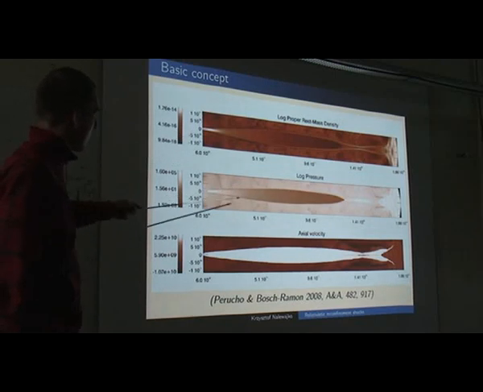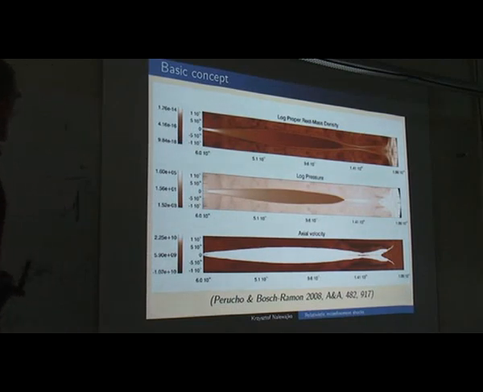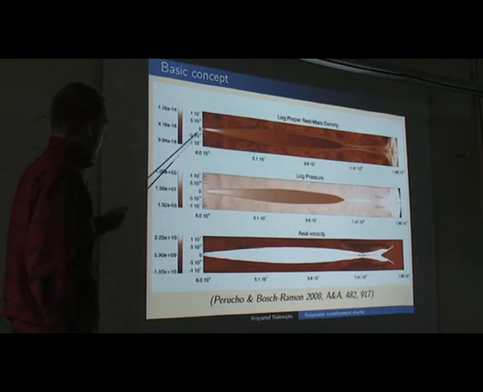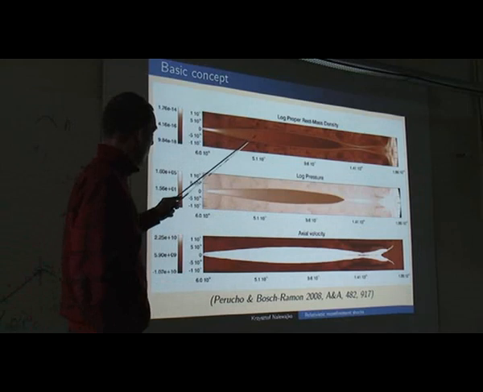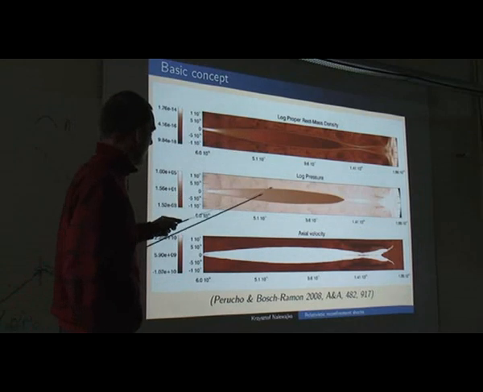So its initial expansion is approximately conical, but as it expands, both the density and the pressure are decaying. So at some point they will be lower than the values in the surrounding medium.